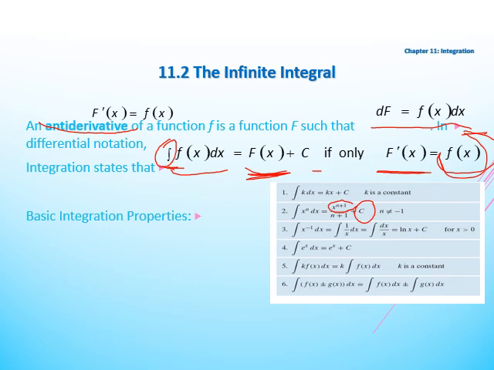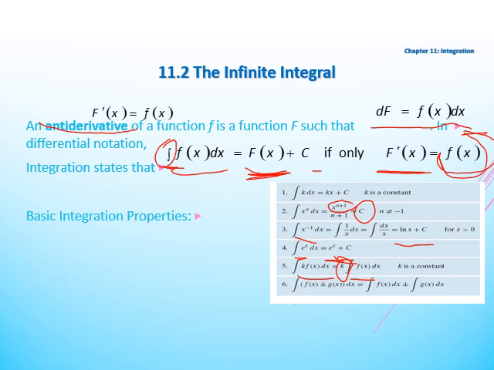Now the same if we have the integration of 1 over x, it is equal to ln x, and the integration of e to the power x is the same, but we add the constant. If we have any constant multiplying the function, we can take the constant outside the integration sign and integrate our function like this.